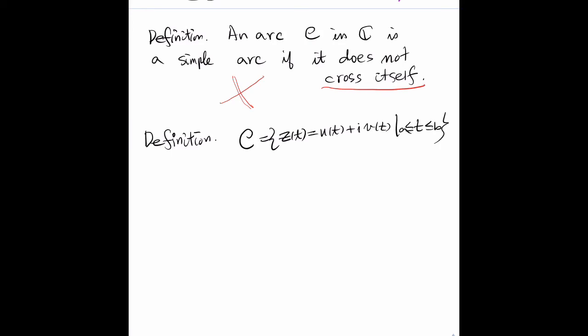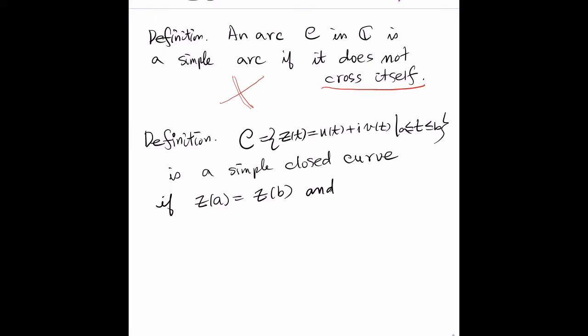So a curve C is a simple closed curve if it is closed, meaning the value at the starting point and end point are the same, and C does not cross itself.